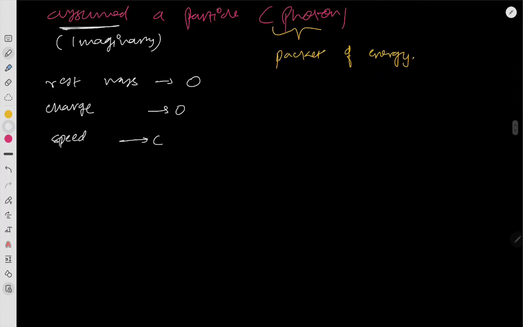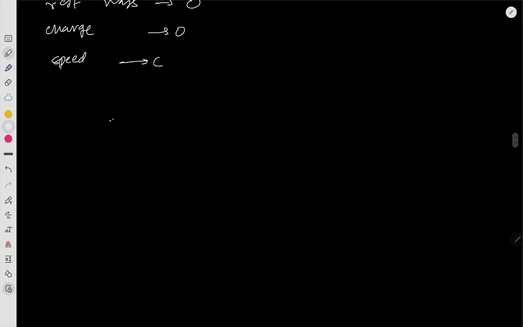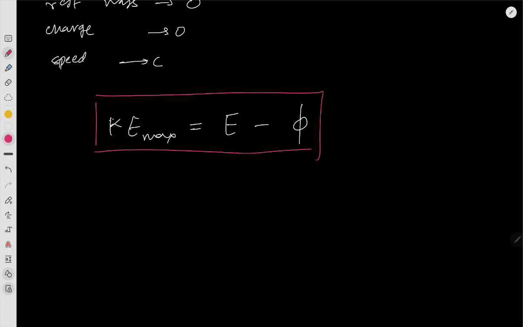Now the equation Einstein wrote is: kinetic energy maximum of the electron is equal to the energy provided for ejecting, by the photon, minus the work function. This is the Nobel Prize winning equation of Herr Albert Einstein. Now let us understand what this kinetic energy max means.